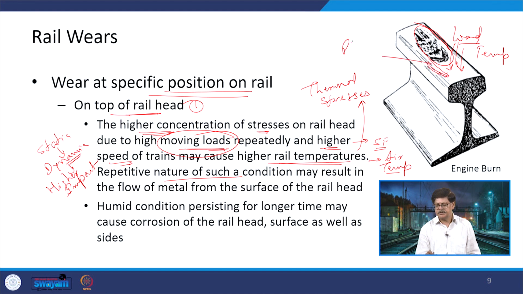So, the plastic condition may occur, and because of that plastic condition, if the loads are higher, the material will start flowing towards the side, and you will find some material which has come at the top of the side of the rail head.